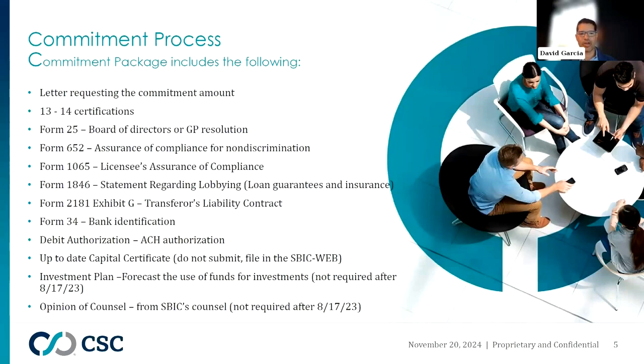And like I said earlier, the capital certificate is also one of these attachments, but you have to attach it to the SBIC web, not necessarily in the package. The last 2 bullet points are no longer applicable since there were changes to the standard operating procedures in August of 2023.